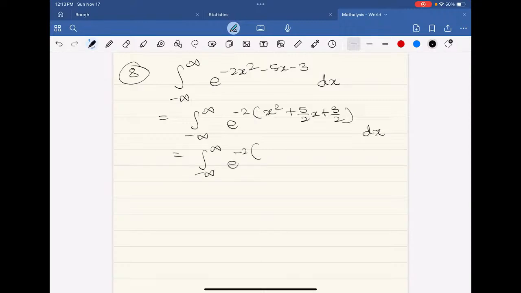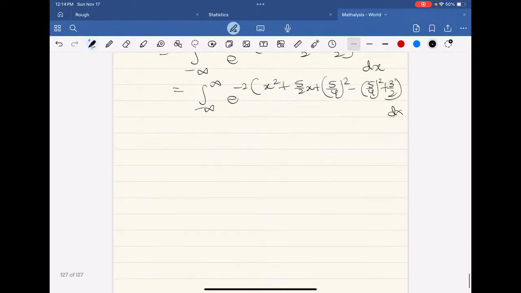E to the power minus 2, this will be x square plus 5 by 2x, now this will be 5 by 4 square minus 5 by 4 square plus 3 by 2 dx, right? This will be the integral from minus infinity to infinity, e to the power minus 2 times x plus 5 by 4 whole square minus 25 by 16 plus 3 by 2 dx, right?